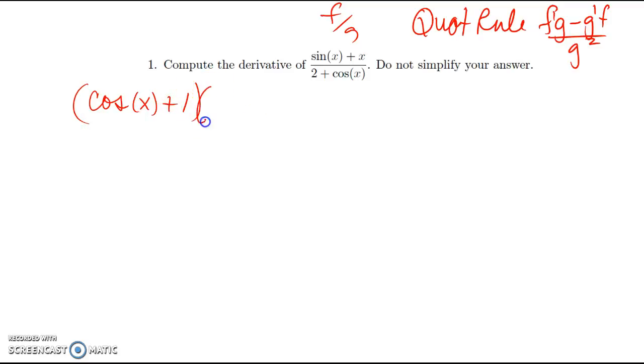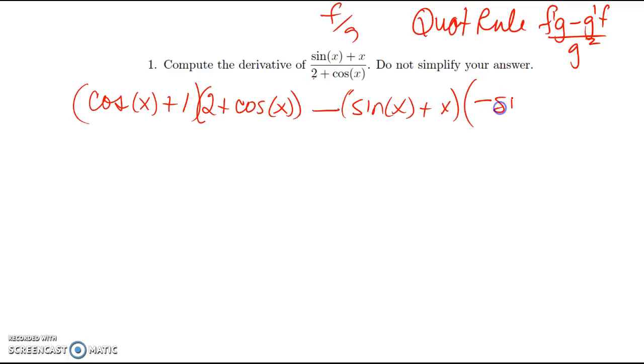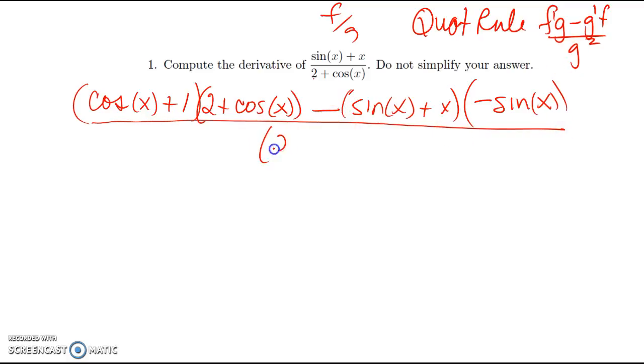So the derivative of the top times the bottom minus the top times the derivative of the bottom. Well, the derivative of 2 is 0, isn't it? The derivative of cosine is negative sine. So this becomes negative sine x, all over g squared, 2 plus cosine x squared. And I think that's how he'd want you to do it. All right, leave it just like that.